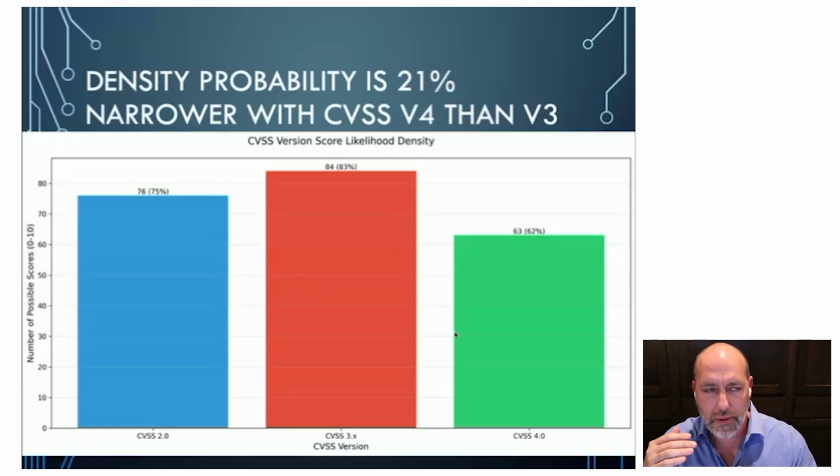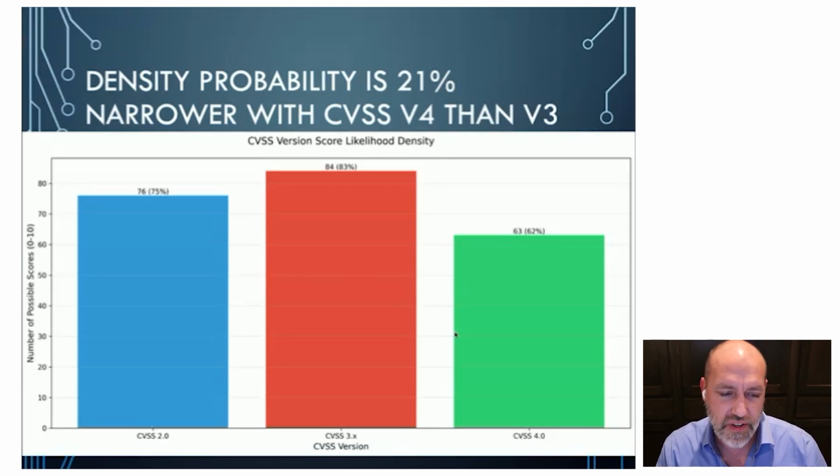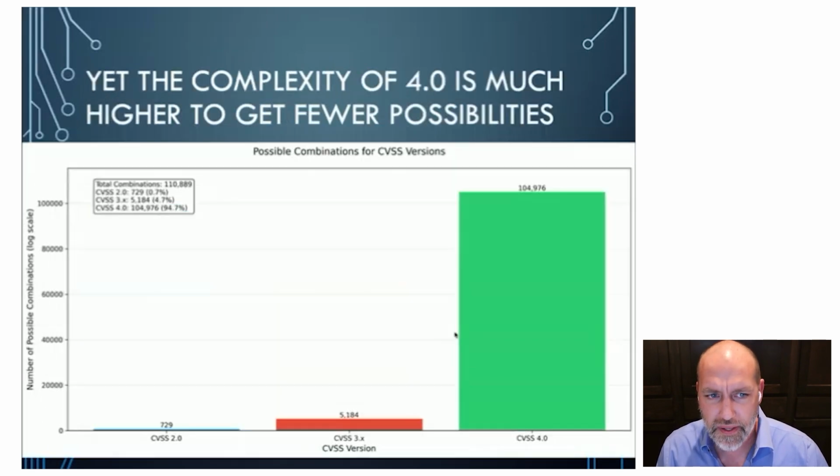So it's actually 101, but I don't know why it's that. But anyway, 75% likely of landing on any score for CVSS2, 84 or 83 for CVSS3. But CVSS4 is actually less. It's less likely that you'll get any score that you're expecting to get, out of that 63.